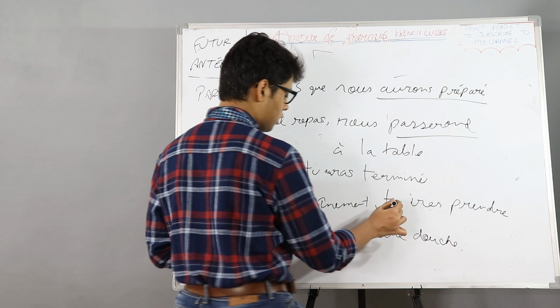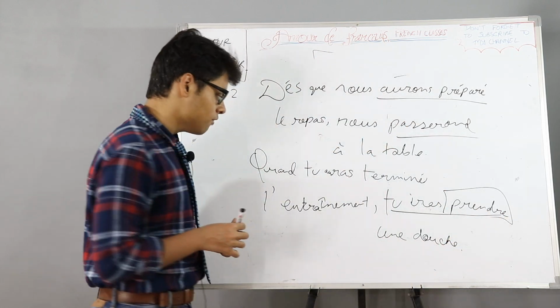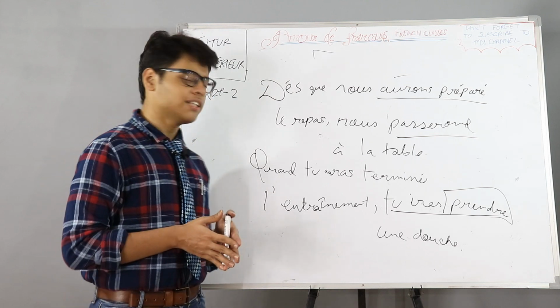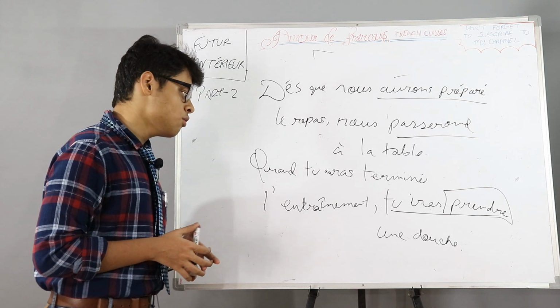Now, "tu iras prendre", you may wonder why "prendre" is there. You may know that if the first verb is in a conjugated form, the second has to be in the infinitive form. So you will be going to take.